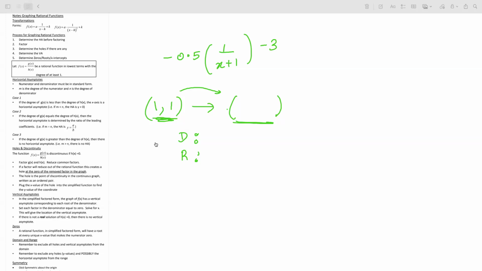But if you didn't get it, Siddhi, you're able to do? Yes. Minus infinity to minus 1. Minus infinity to minus 1, correct.